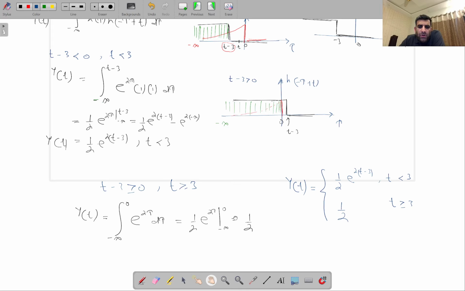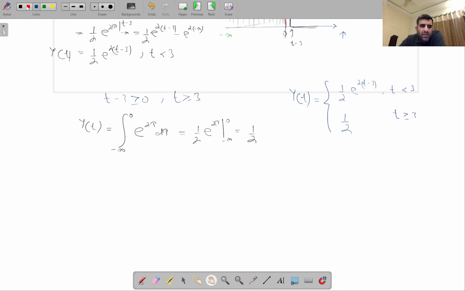And finally you need to plot it. So let's plot it and conclude this example. So this is t, y of t, 0, and let's take a point over here, 3. So for t equal to or greater than 3, the value is 1 by 2, which means it's a straight line. Okay, and this amplitude is 1 by 2.